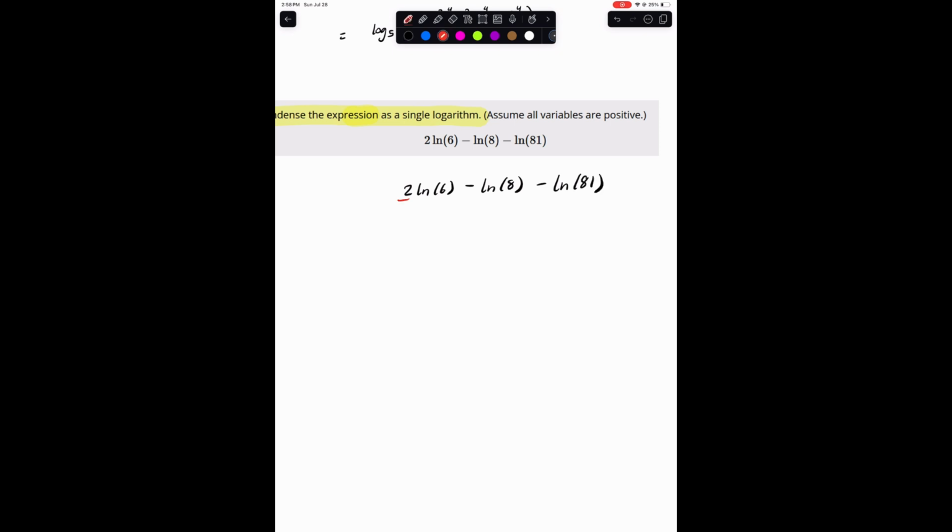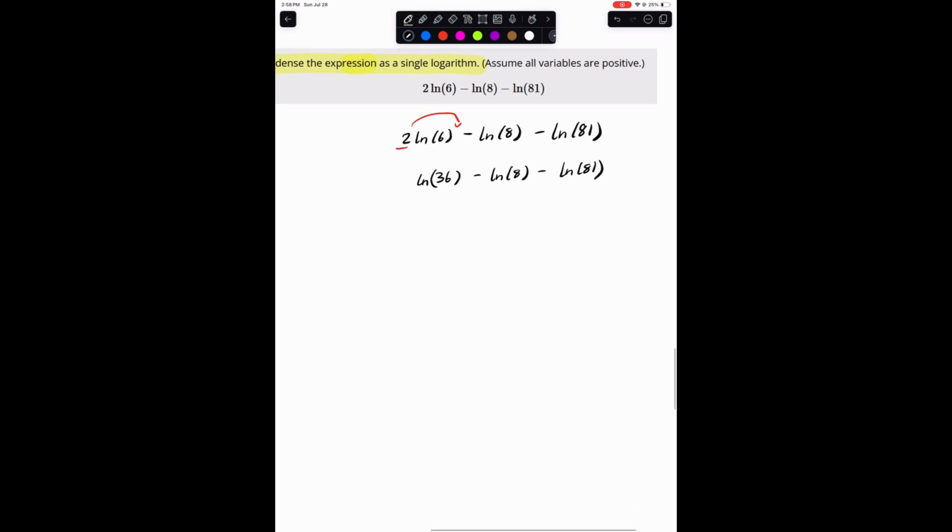I'm going to first move this into the exponent. So we get natural log of 6 squared, which is 36, minus natural log of 8 minus natural log of 81. Now we can do natural log of 36 on top, because the logarithm is positive, then 8 times 81 on bottom.